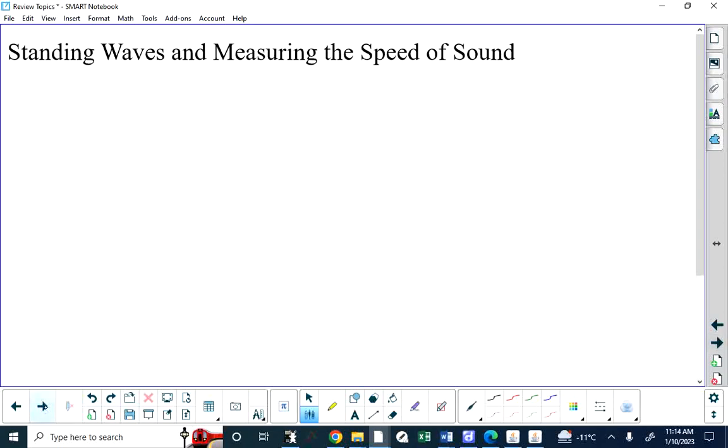Standing waves and measuring the speed of sound. I do think it's important that you understand a standing wave occurs when you have something oscillating that's confined at both ends. And what happens is, this is hard to show.